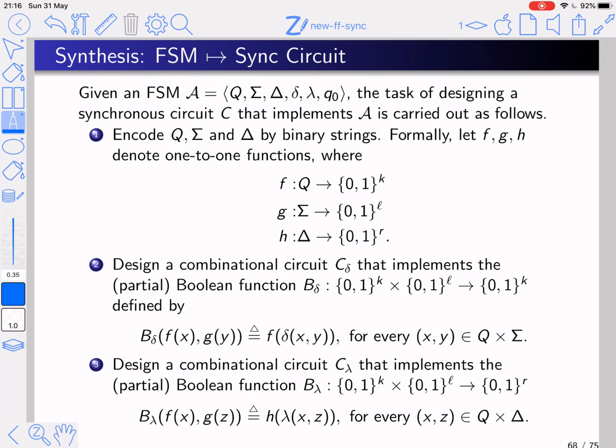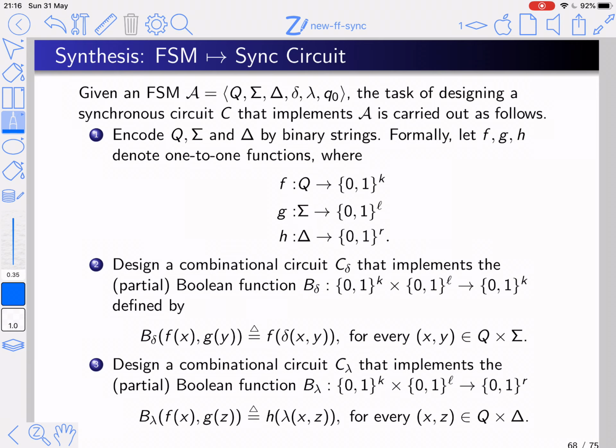Now notice that these functions f and g are not necessarily onto. If they are not onto, then this function B delta is actually a partial function because we only care about the k-bit strings that actually encode a state and the l-bit strings that actually encode an input symbol.